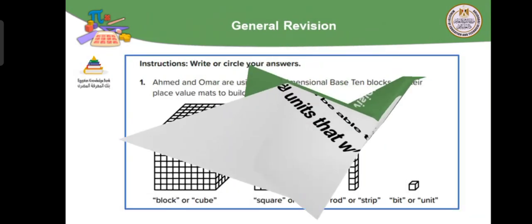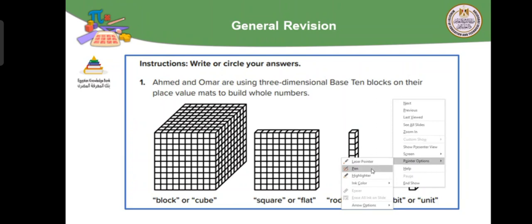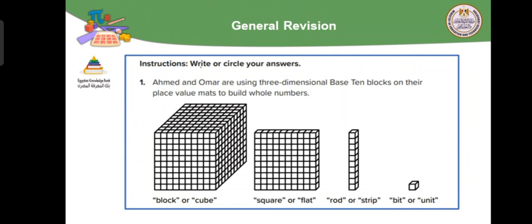Let's begin. First question. Instructions: write or circle your answers. Ahmed and Omar are using three-dimensional base 10 blocks on their place value mats to build whole numbers. This is called a block or cube. Don't forget this figure. Then this is called a square or flat.